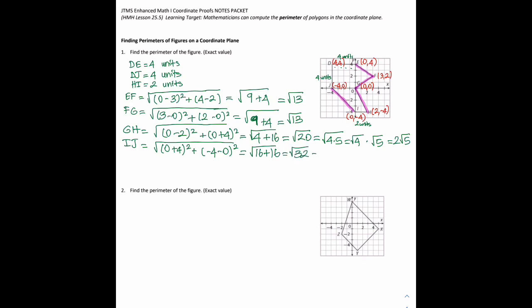So I can do the same thing as with the square root of 20. I can write the square root of 32 as the square root of 16 times 2, which is the square root of 16 times the square root of 2, which will give us 4 square root of 2.